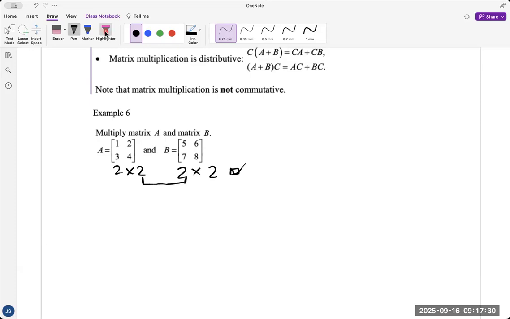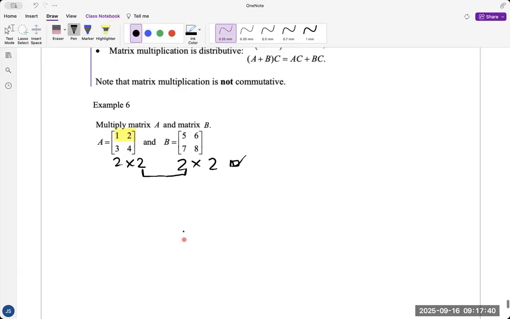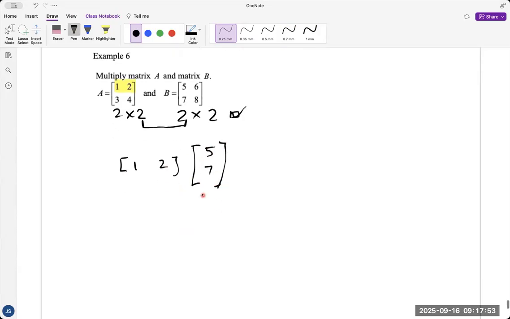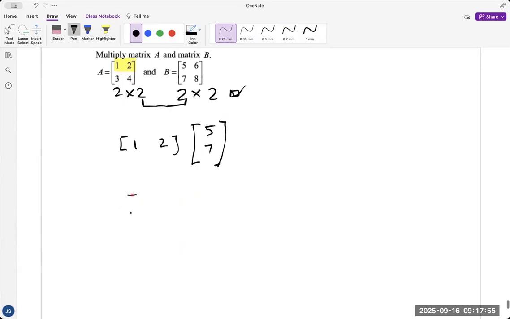I'm going to take the first row here and multiply it by all the columns in B. So 1, 2 is going to be first multiplied by the first column. And then 1, 2 is going to multiply by the second column.